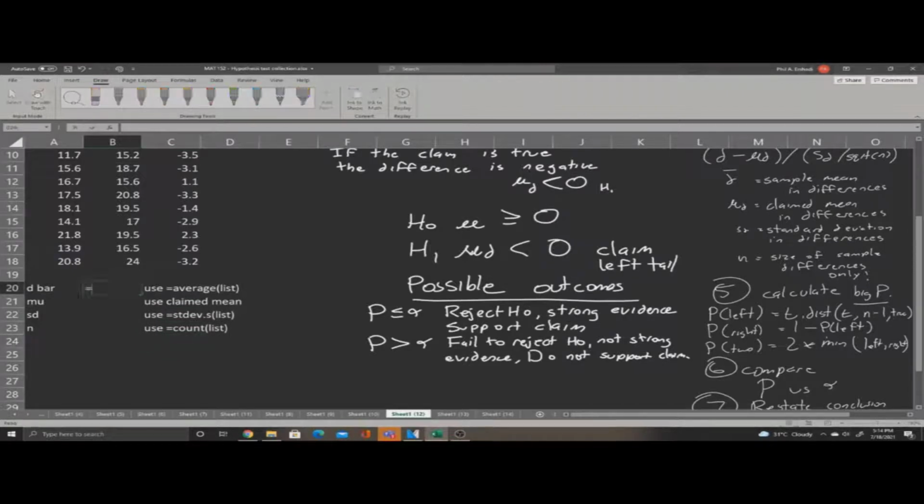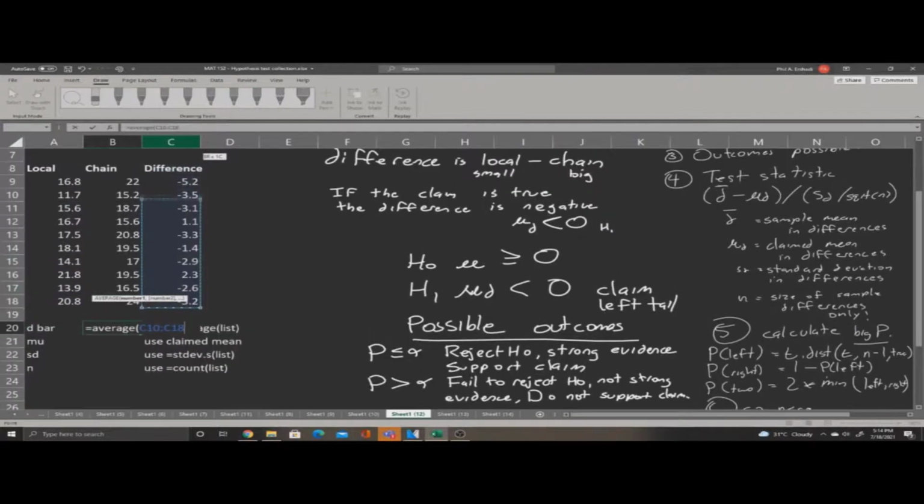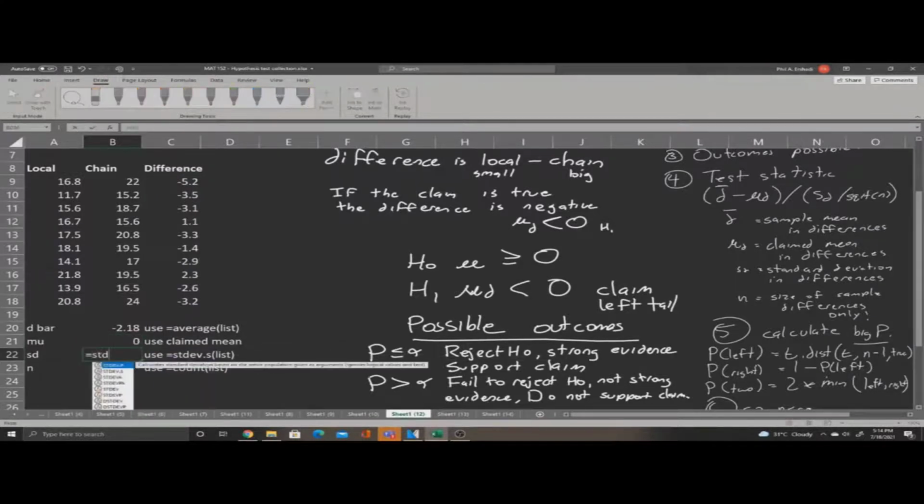So we'll say equals average and select our list. For mu, we use the mean from the claim, that's 0. For SD, we will use stdev.s and select the list again. For n, we'll use count and select the list one more time.